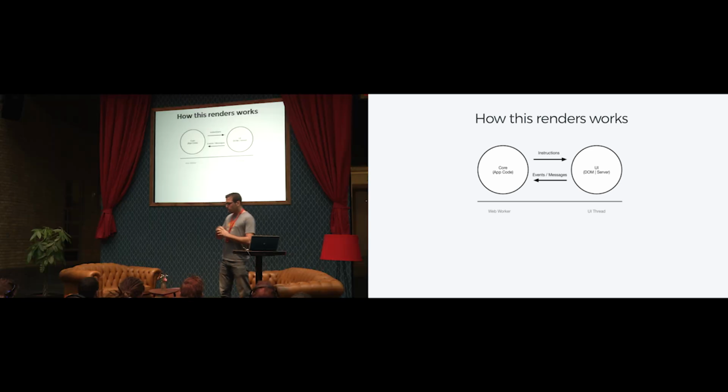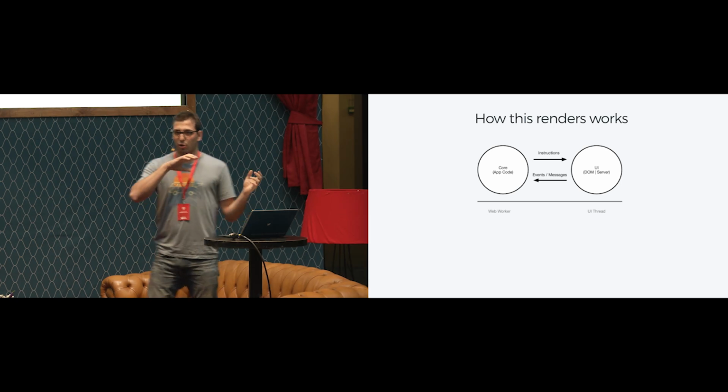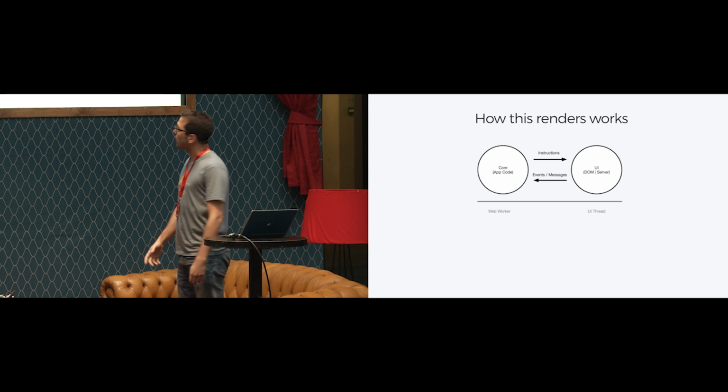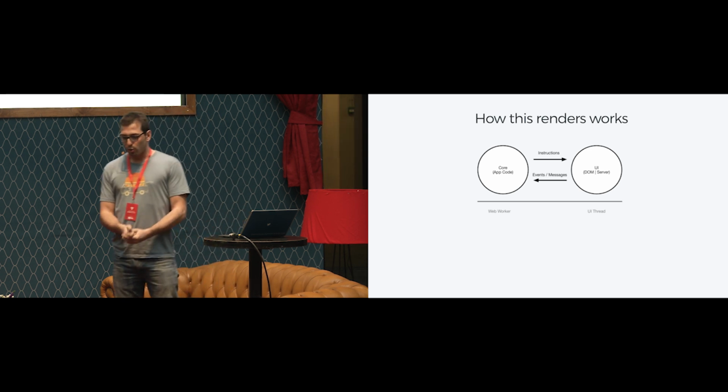So before continuing to talk about the Renderer class, I want you to better understand how rendering actually works in Angular 2. As we know, we have the core level, where we try to put all our logic, and the UI space, where we actually want to render. What does it mean?